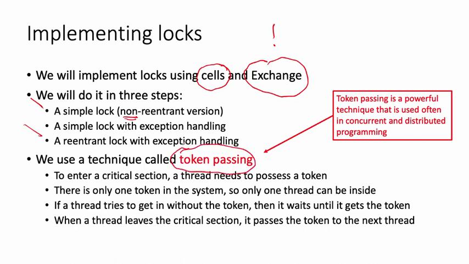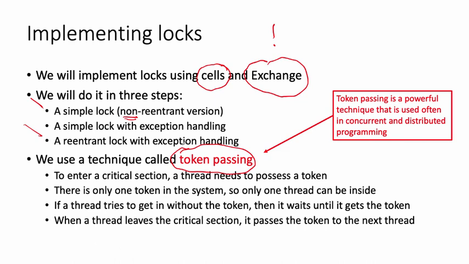So the way the lock works is we have to guarantee that there's only 1 thread inside. How can we guarantee that? Well, we have a special data item called a token. And we guarantee that there is only 1 token in the whole system. When a thread goes in the lock, it takes the token.